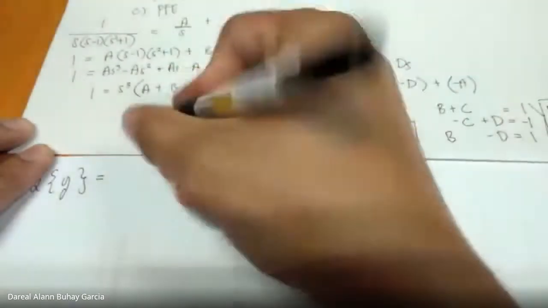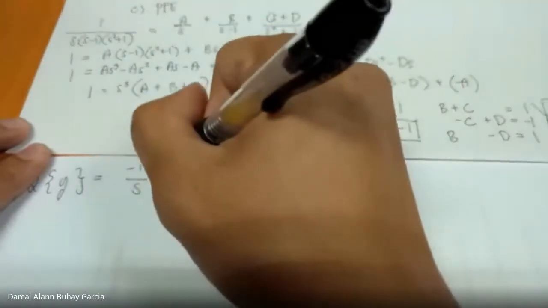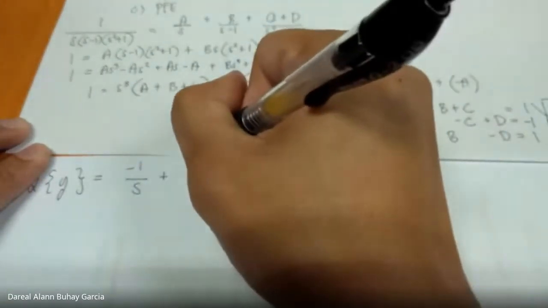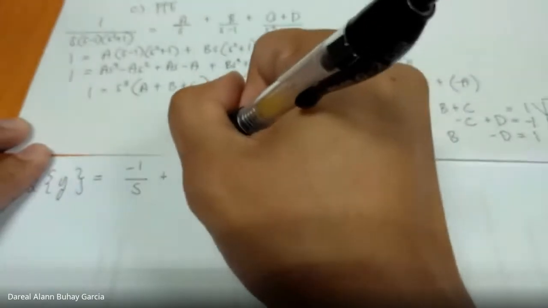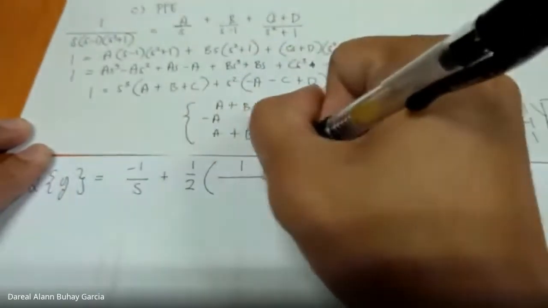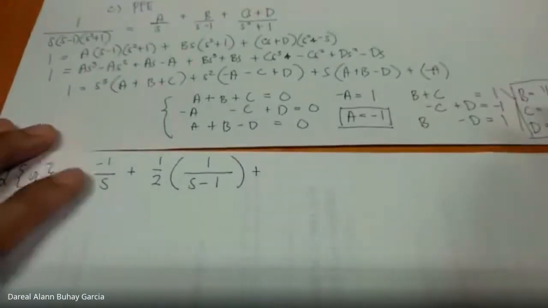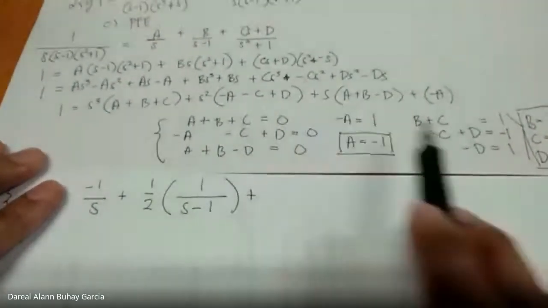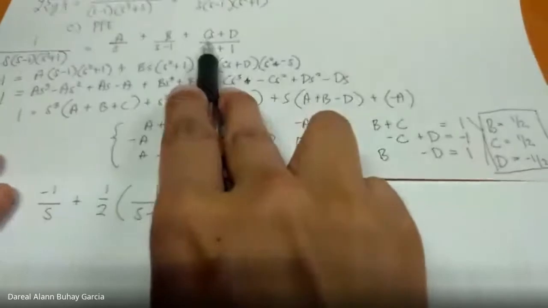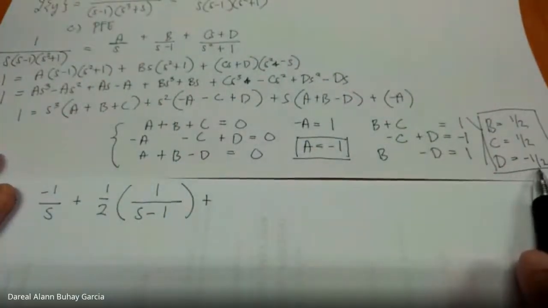a over s, which is negative 1 over s. b is 1/2, so 1/2 times 1 over s minus 1, plus c is 1/2, d is negative 1/2.